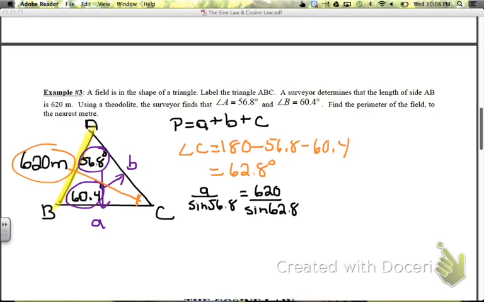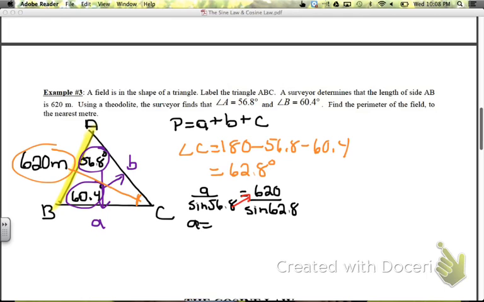Now we're going to cross multiply here. Again, remember, we want to isolate A. So we're going to cross multiply, but we're not actually going to bring that sine 62.8 over to the left side. We're just going to bring the sine 56.8 to the right side.